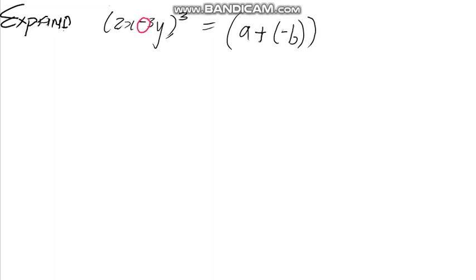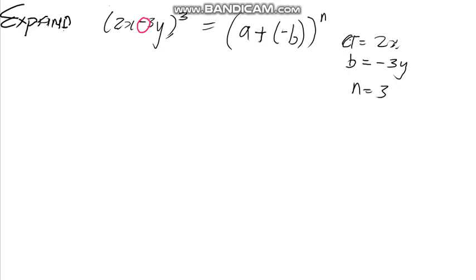Then close the bracket, to the power n. So basically your a will be equal to 2x, then your b will be equal to minus 3y, then your n will be equal to 3.